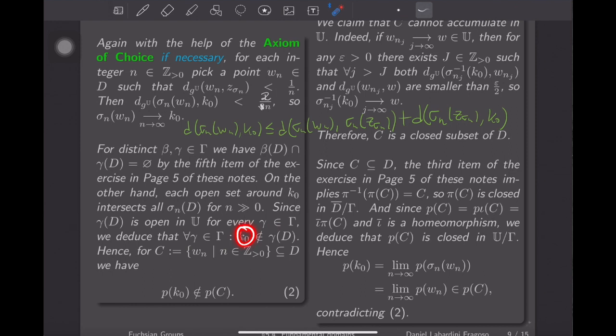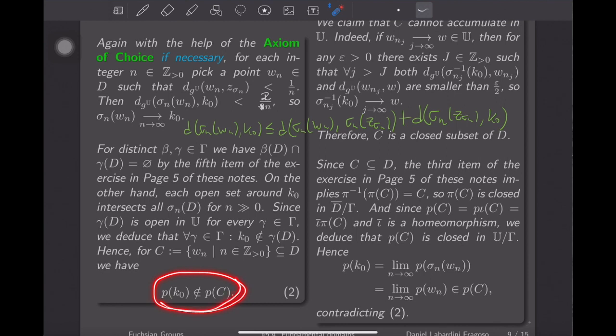So k naught is never in the gamma orbits of the points of C. The points in C belong to D, and so all of them belong to D, right? So k naught cannot be gamma of any of these for any gamma, because otherwise it would be in some gamma of D.